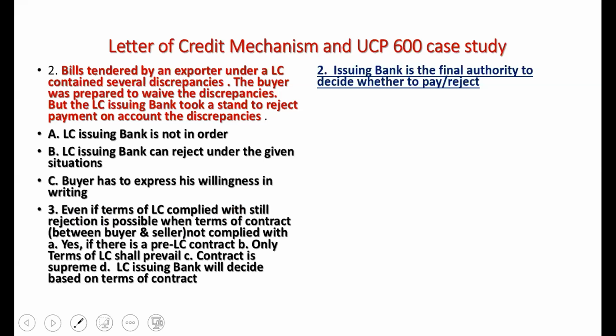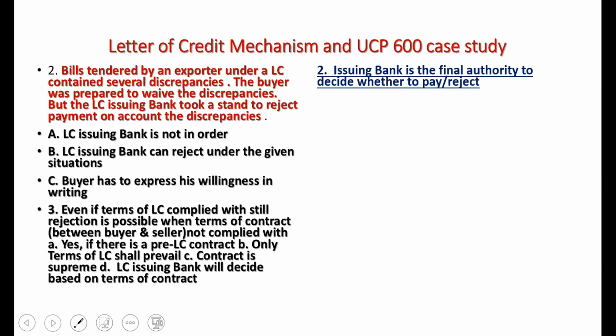But the buyer wants to reject because he is approaching his bank and telling them to reject. He says, sir, LC okay, but we have already got a contract, and some terms and conditions as per the contract are not fulfilled. Now whether he can reject on the grounds of the contract, or if the LC terms are fully complied with, he has to necessarily pay.